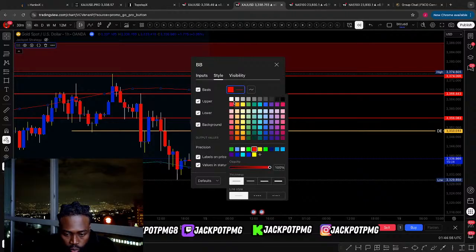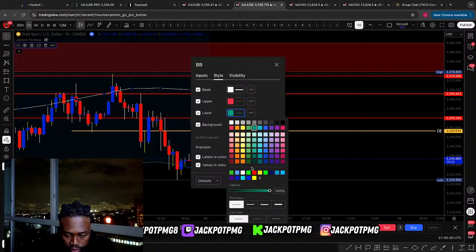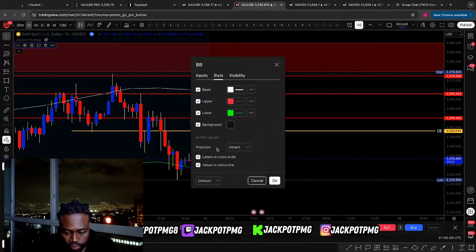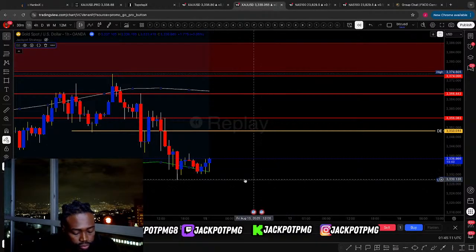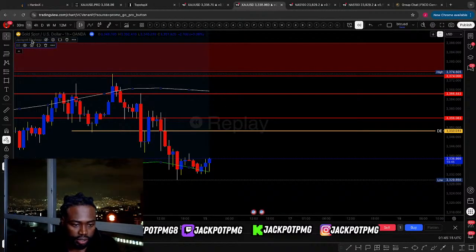No, base is white, middle, upper red, lower green, just like that. All right. Base on the zone. We already know. Okay, cool. Let me take this out. Hold on.